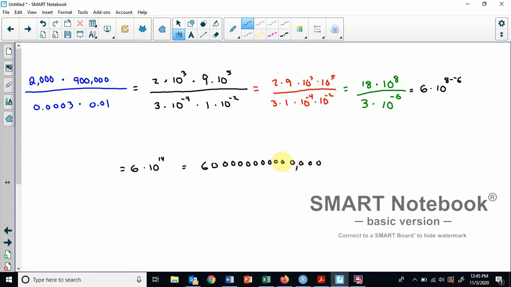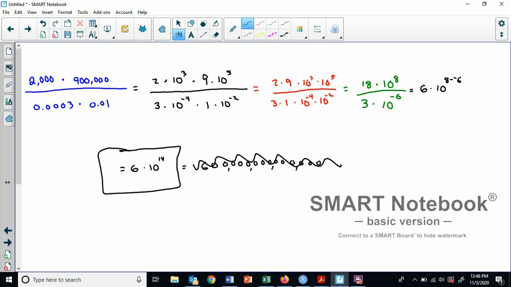So 1, 2, 3, comma, 1, 2, 3, comma, 1, 2, 3, comma. This is a rather large number. I'm just showing you how big the number ends up. We would not want to do this in our head. With a calculator, this would actually be difficult too, because the calculator will not carry this many decimal places, so it will give you some jumble of stuff. So let's not do that. Let's just say the answer is 6 times 10 to the 14.